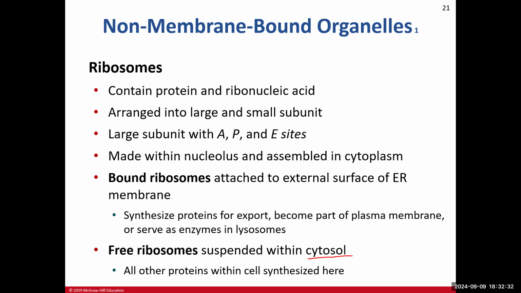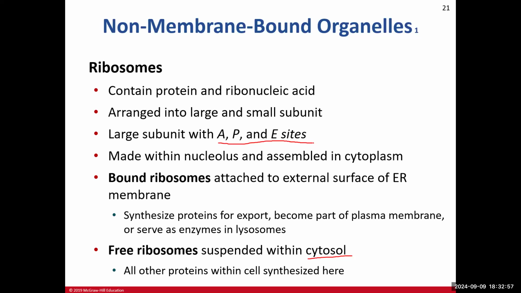I'm not worried about you folks knowing about the A, P, and E sites and whatnot. That's when we get into transcription and all that stuff for making protein. Just know that ribosomes have a large subunit and a small subunit.